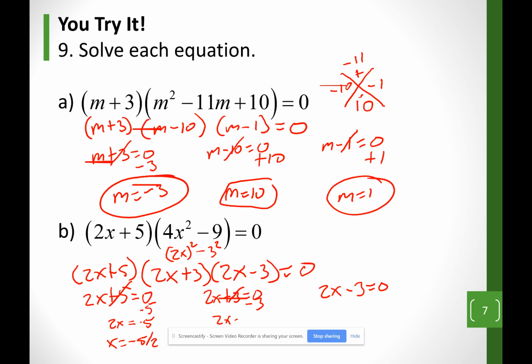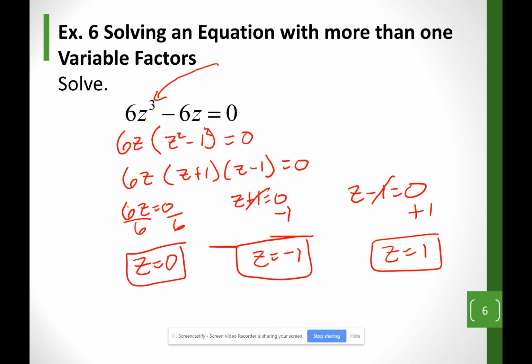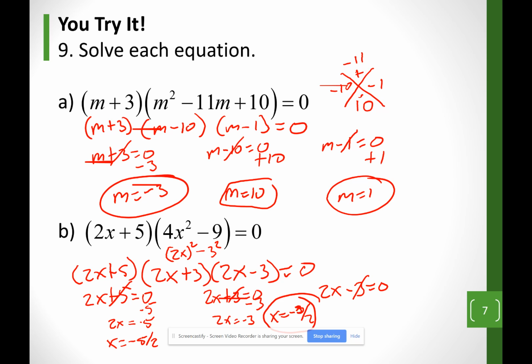So I get that 2x equals negative 3. x must be equal to negative 3 over 2. Last one, let me add 3. 2x equals 3. So x must be equal to 3 over 2.